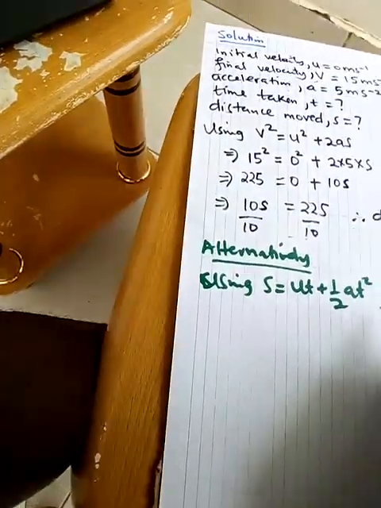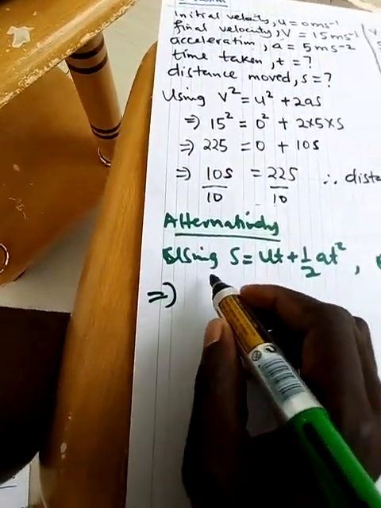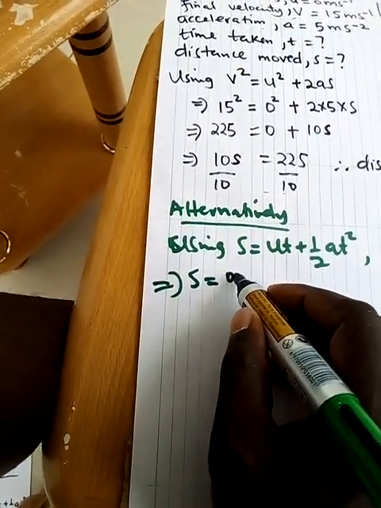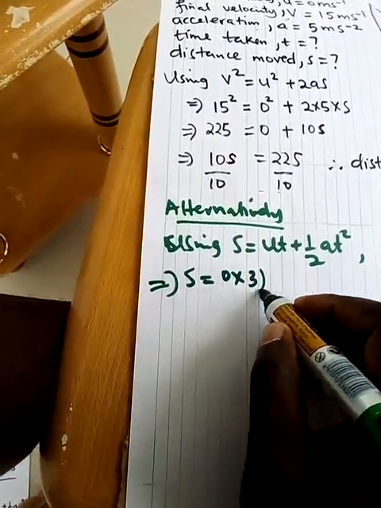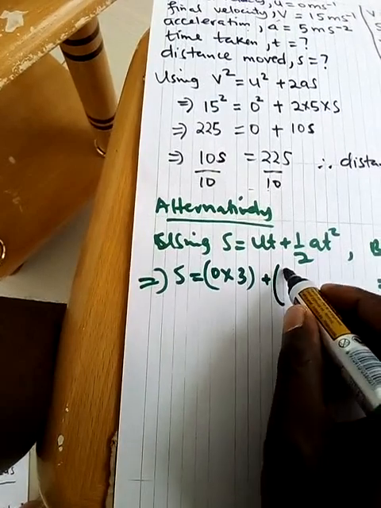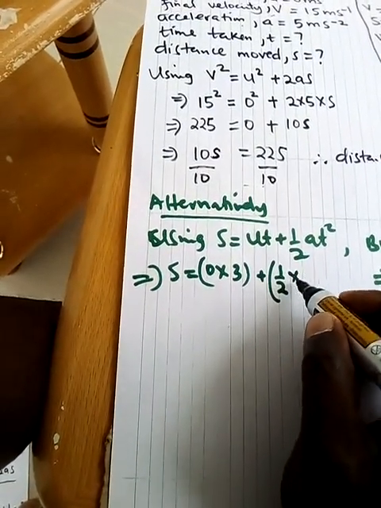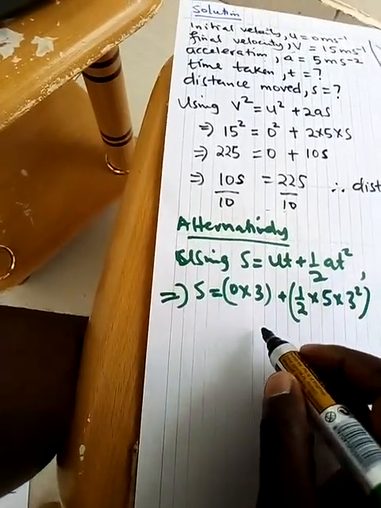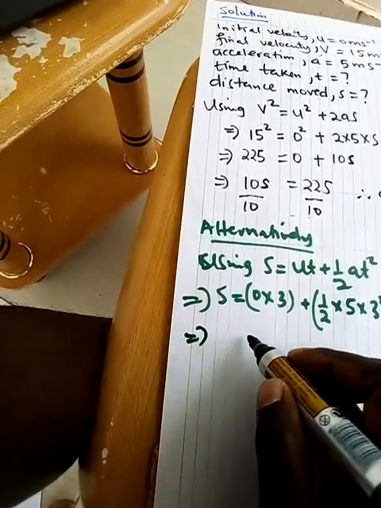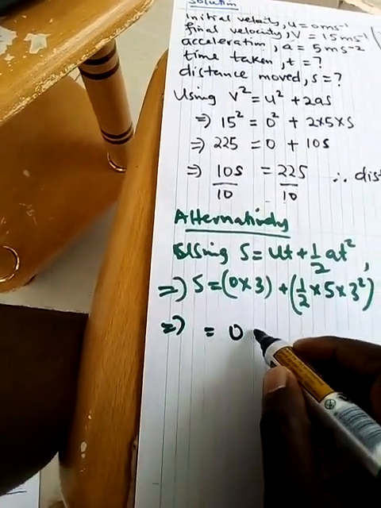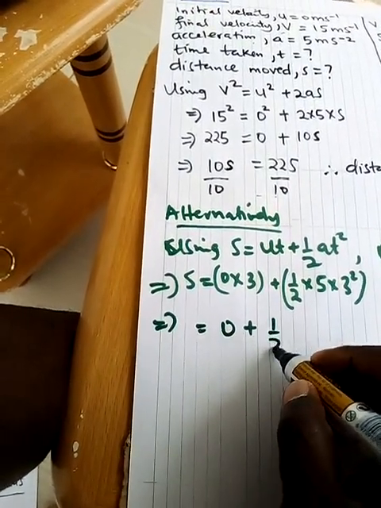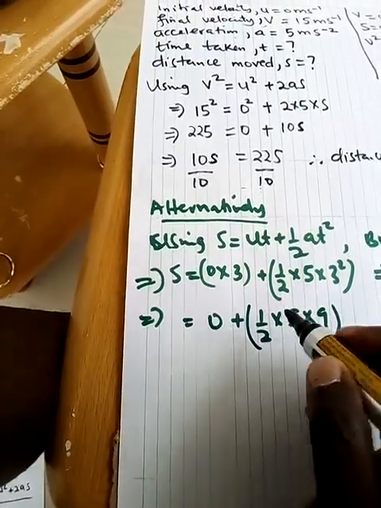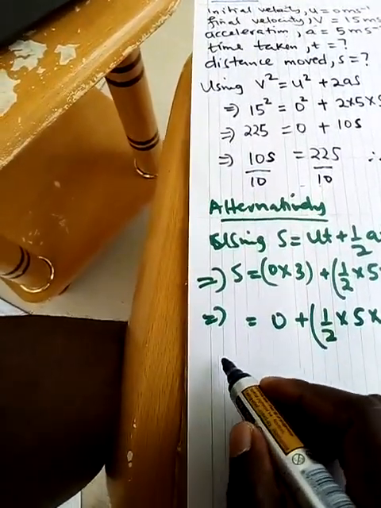So this actually would mean that your distance is equal to U, which is 0, times t, which is 3, plus a half times a, which is 5, times t squared, which is 3 squared. This would mean we have 0 plus a half times 5 times 9. Remember, 3 squared is 9.